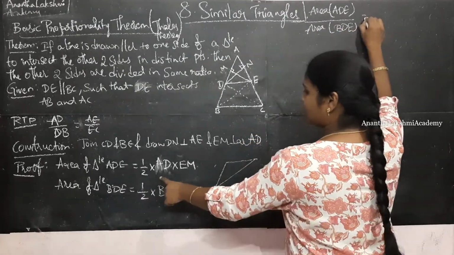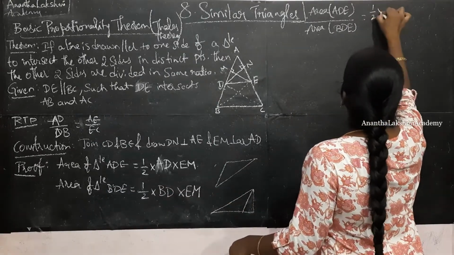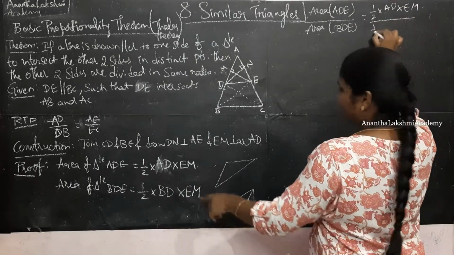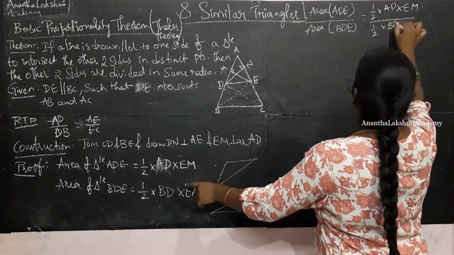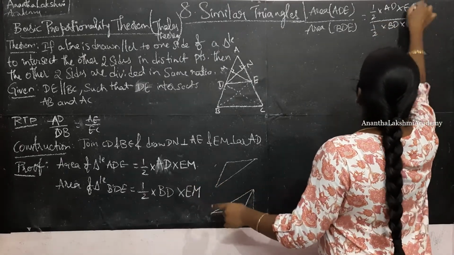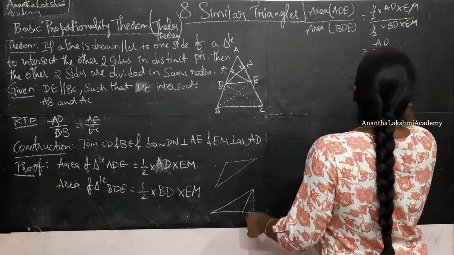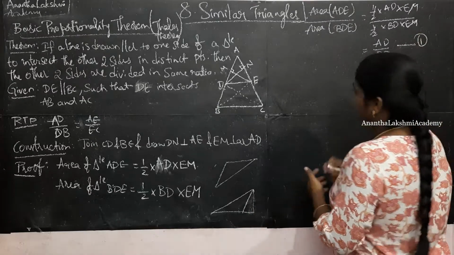I'm going to solve that. That way it becomes half into AD into EM by half into BD into EM. Now that EM, half and half get cancelled, I got the ratio as AD by BD. Let me assume this as equation 1.